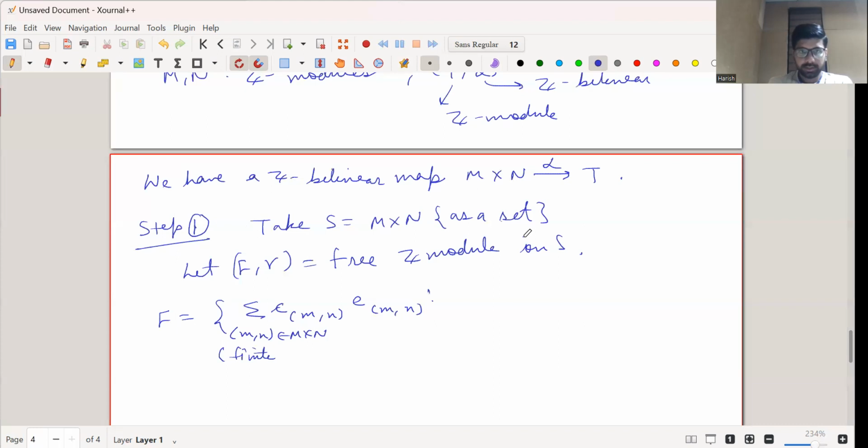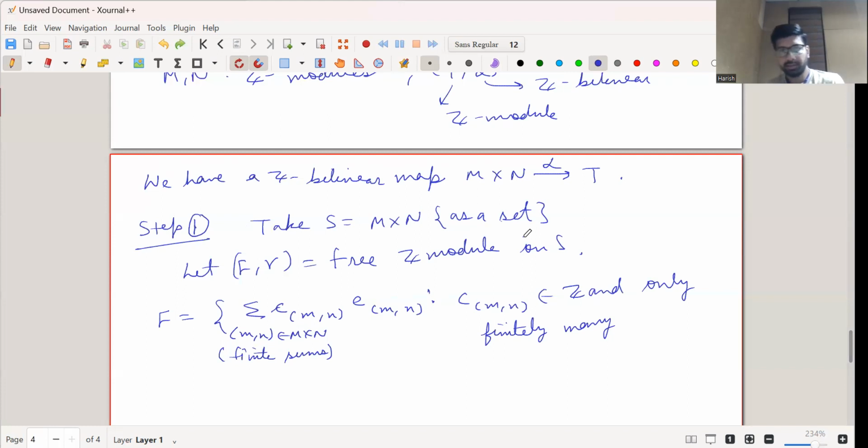We have to take finite sums of all possible kinds, and this collection will be the free module over the set M cross N. So here CMN are from Z, and only finitely many of the coefficients are non-zero.